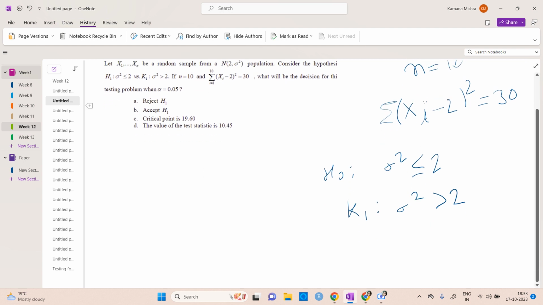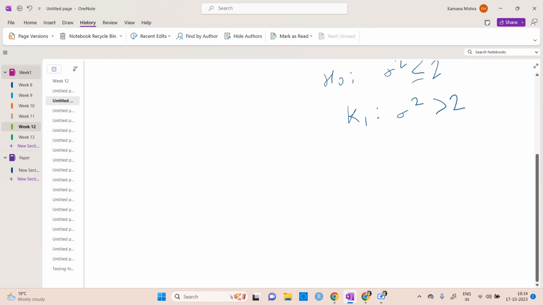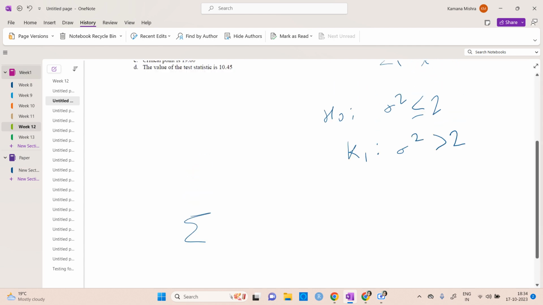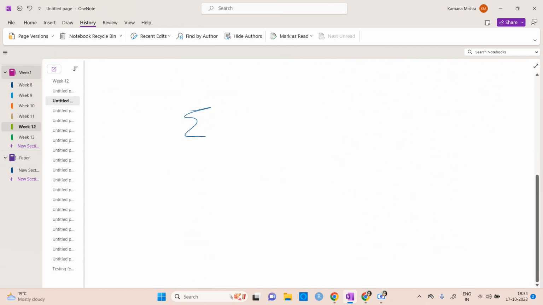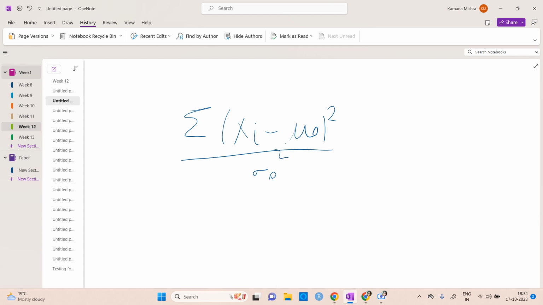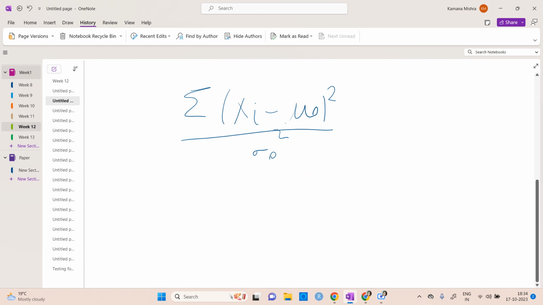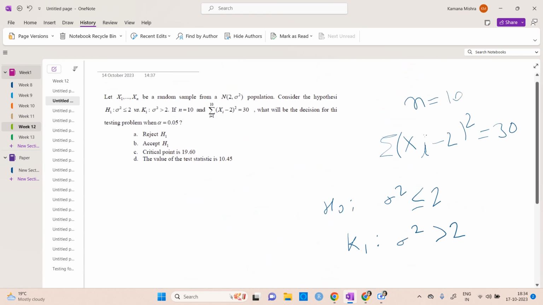So this is our hypothesis. Let me just write it. So this value is already given as 30, so I'm just writing summation (xi minus mu naught) whole square divided by sigma naught square. So sigma square we will take here as 2. This value is 30, and this value is 2. So this is basically 15, right?